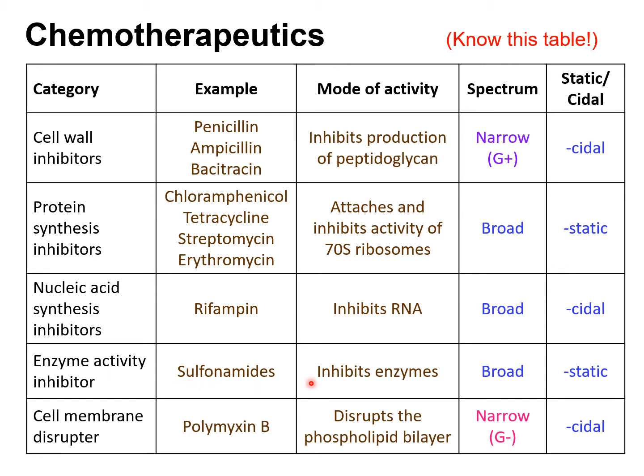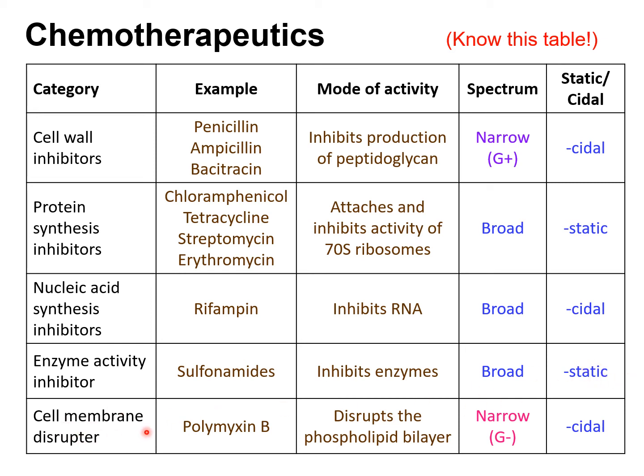So there's this enzyme right here, and again, it inhibits enzymes. As long as you know in general that it inhibits the enzyme, you're good. I'm not going to ask you to know the specific enzyme. And it is a broad spectrum antibiotic. It's static, so it inhibits the growth of the bacteria, of course.